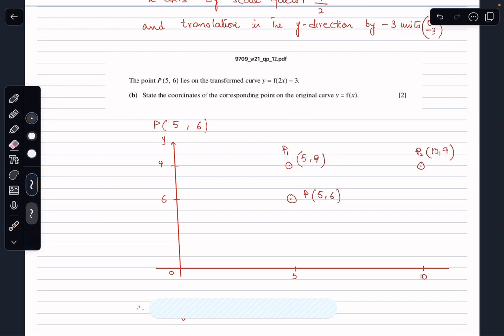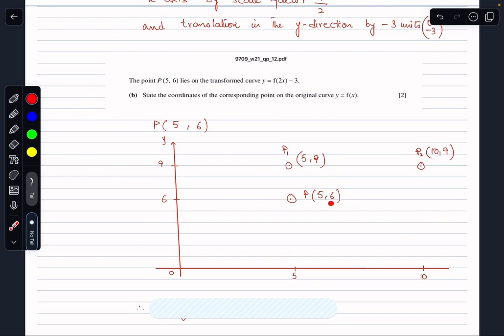With this 5 and 6, what I know is that this point P was obtained by a vertical translation of -3 units, meaning wherever it was initially, it has moved 3 units downwards. So moving in the reverse order, the point 5 and 6 has to go upwards by positive 3 units.